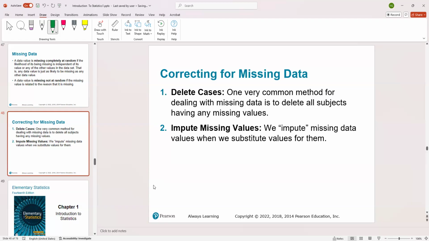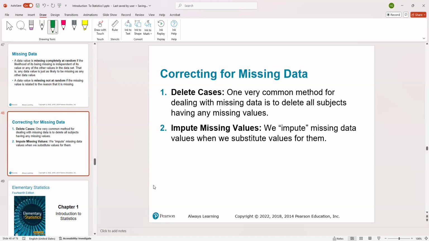A very common method is to delete all subjects having any missing values, or impute missing values, where we put them back. We impute missing values when we substitute values for them. There are different methods of determining the replacement values, such as using the mean of the other values or using randomly selected values from other cases.